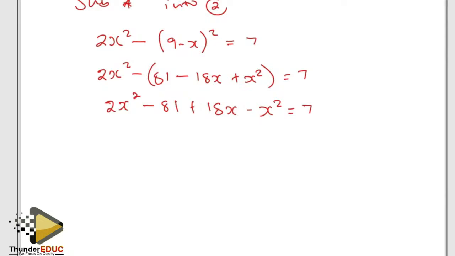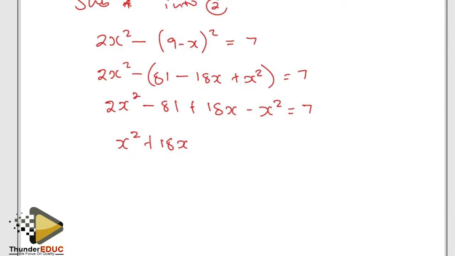I simplify this with the like terms. That is x² + 18x. When I bring this one that side, what am I going to end up with? Okay, so that is 18x.